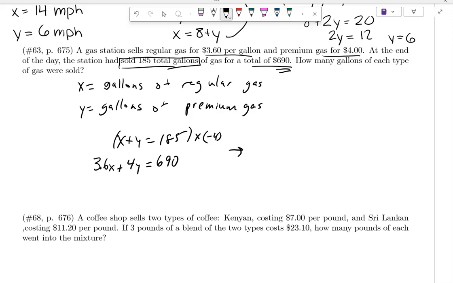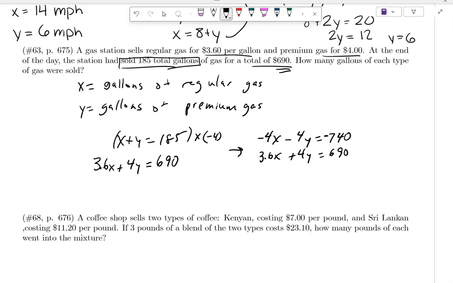So if we multiply both sides by -4, you get -4x minus 4y equals, gosh, what do we get? 740? Oops. I mean negative 740. Good. And then the other equation is 3.6x plus 4y equals 690.